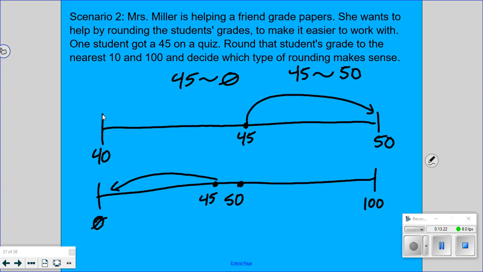But on the tens it is in the middle, and whenever it's in the middle, you go to the end point.